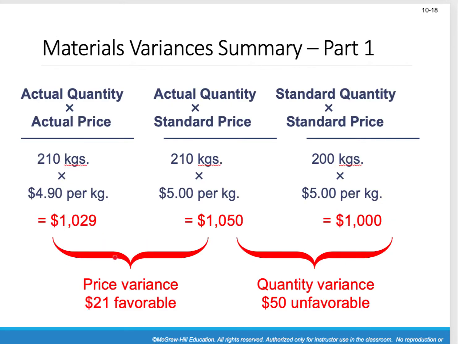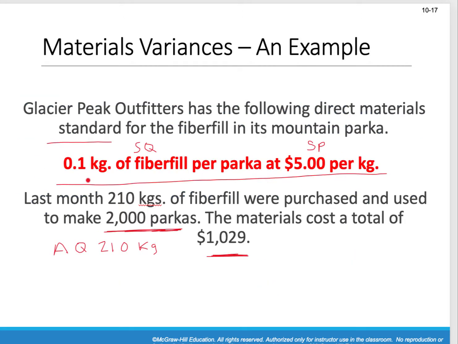Now, notice they didn't tell us what the actual price was per kilogram, right? They didn't give us that information. They said, hey, the standard's $5, but they didn't tell us what the per unit cost was.